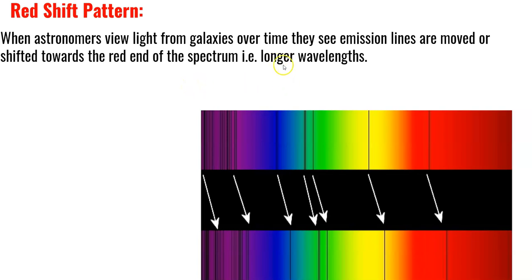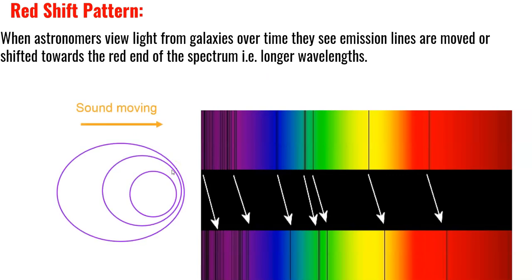Now, the red side of the spectrum correlates with longer wavelengths. So a lower frequency, longer wavelengths in terms of light. So if we think about this in terms of our sound principles, this could be matched up to a sound moving.